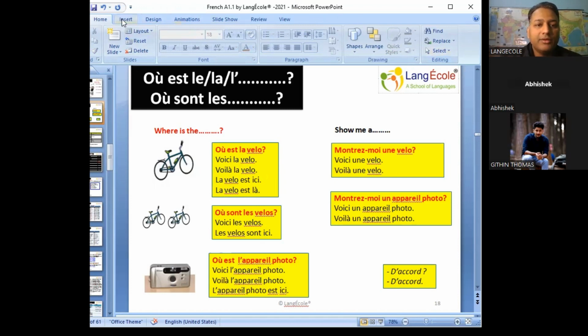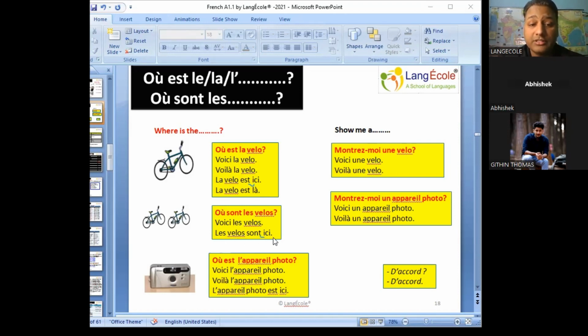Le vélo est ici, le vélo est là. So that is for here and there. So là means there, and ici means here. So either you can use the expressions voici and voilà, or you can use a full sentence like this. Le vélo est ici, le vélo est là. Où sont les vélos? Voici les vélos.